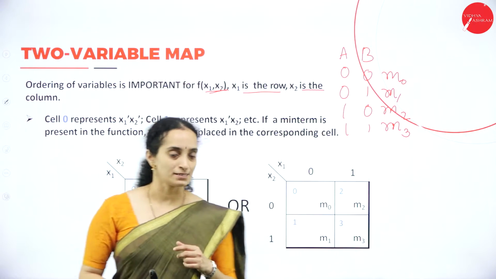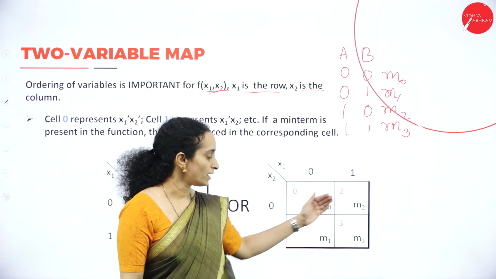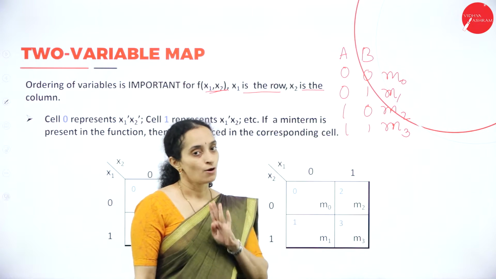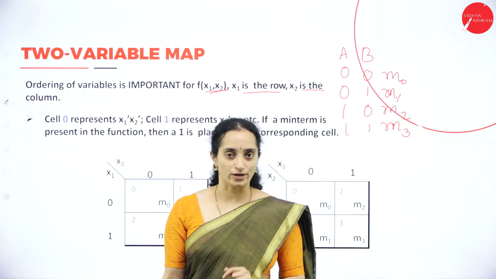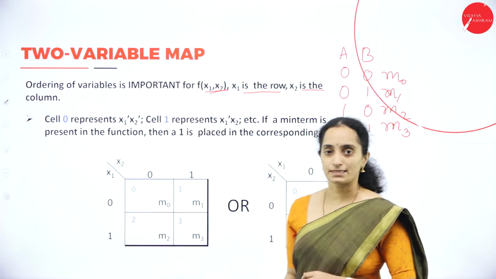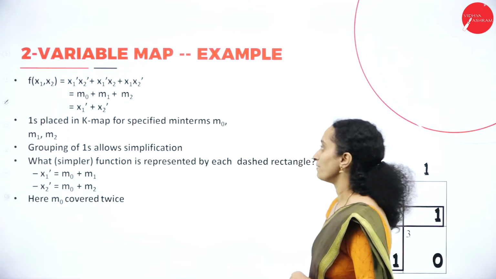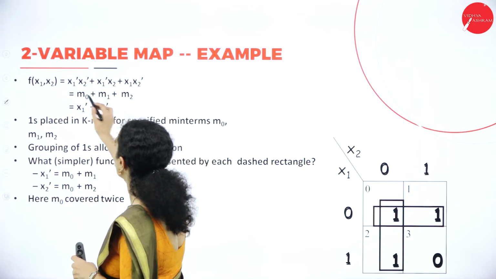When the variable's position changes, the arrangement changes, but all 4 combinations of 0 and 1 in 2 variables will be represented in this K-map. Alright, here we have an example of a 2 variable map.